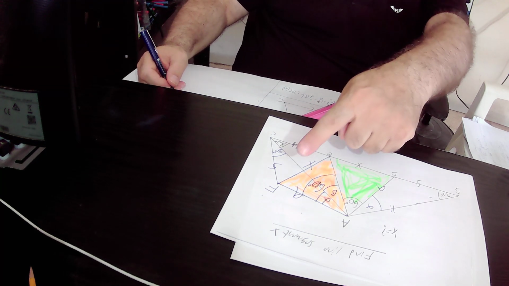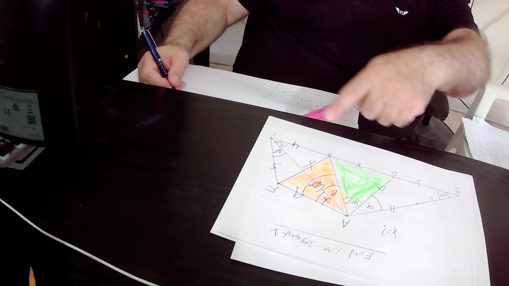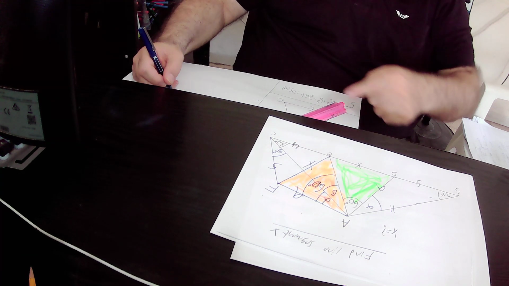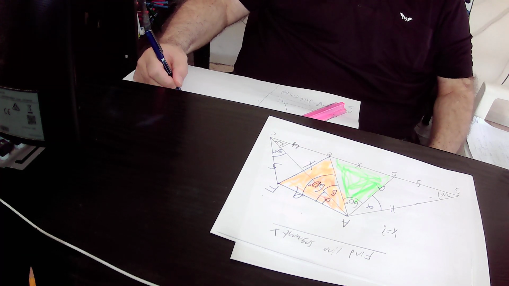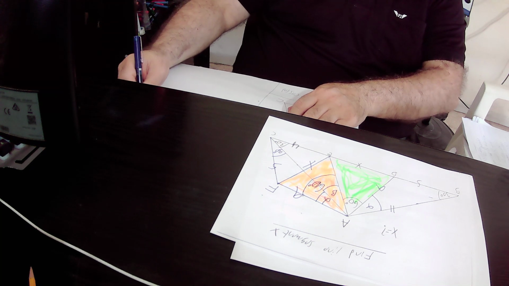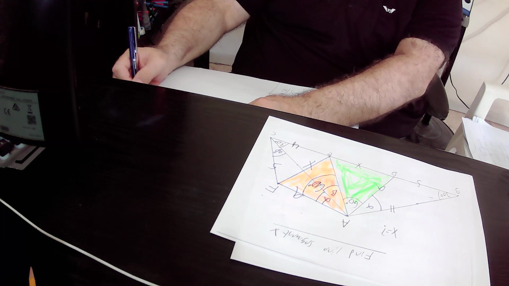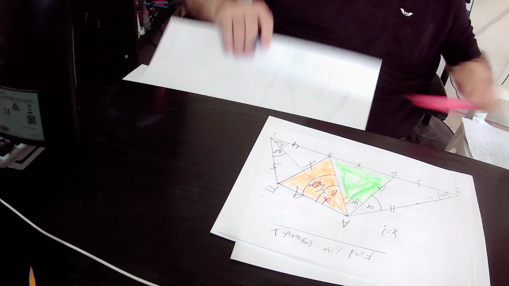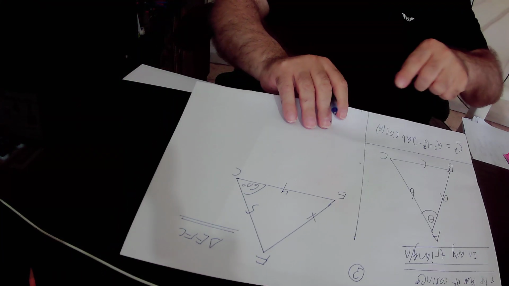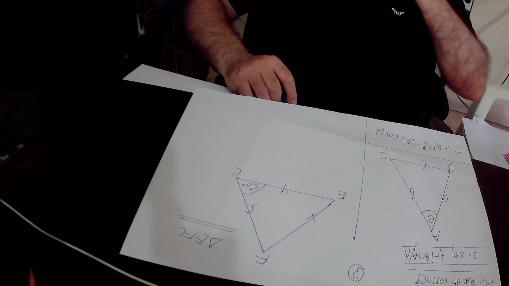This angle FCE equals 30 degrees plus 30 degrees, that is 60 degrees. So this is triangle EFC that I copied from the original drawing.